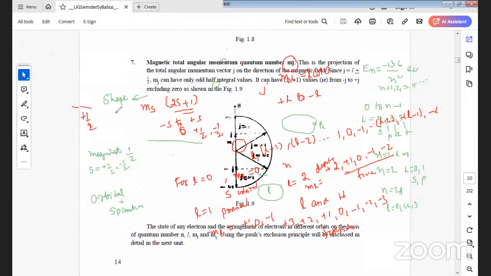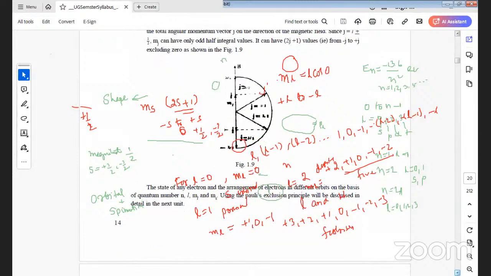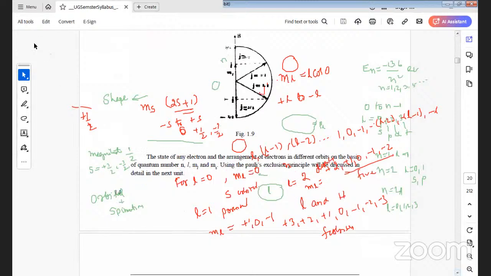So the possible values of mj are minus j, minus j plus 1, and so on. It will extend up to minus 1, then 0, plus 1, and so on up to j minus 1.